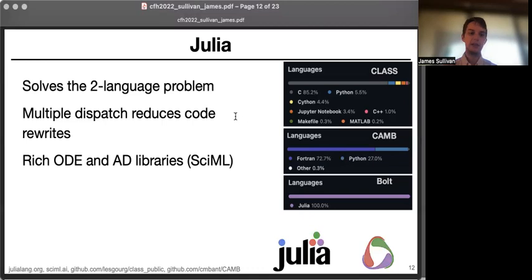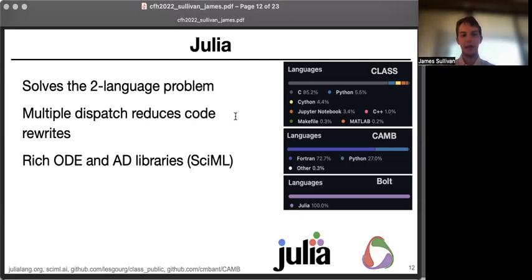Another advantage of Julia is multiple dispatch. Multiple dispatch is the idea that functions know what to do based on the type of their arguments. And while this seems like a small detail, it reduces the amount of code you need to rewrite, since you don't have to define a long list of functions that are only different in the types of the arguments they take. Also, I'll come back to it, but it's important for the automatic differentiation in Julia, which is the way that we get the gradients for the simulator.